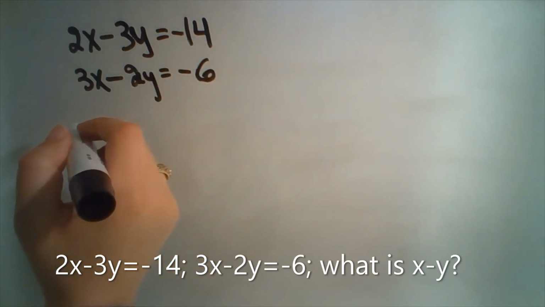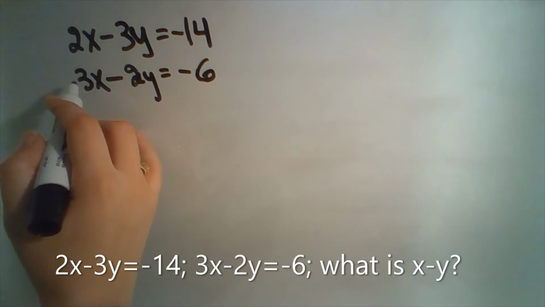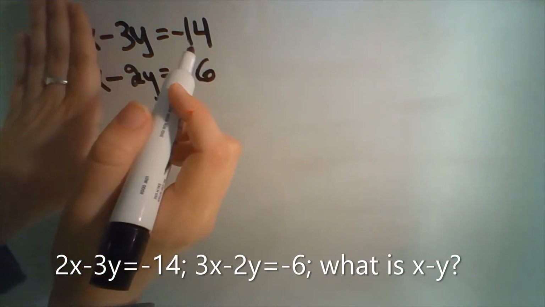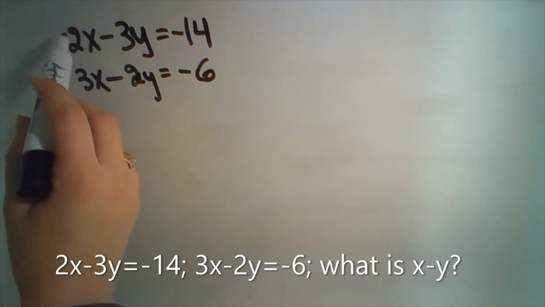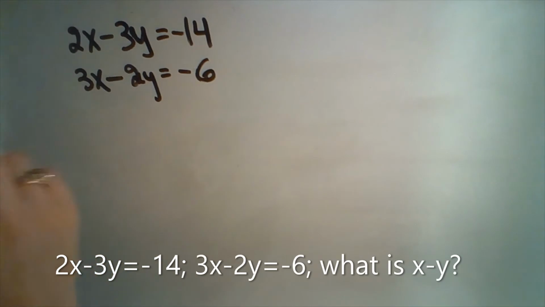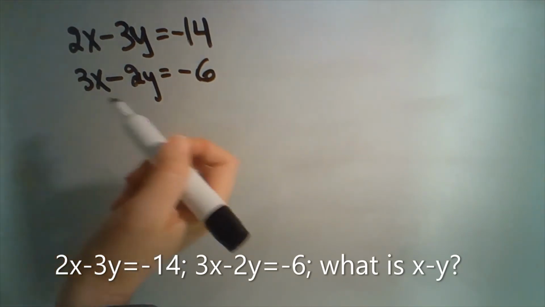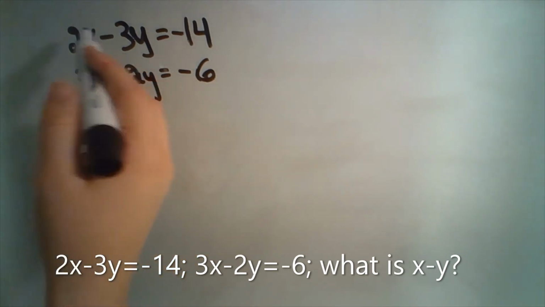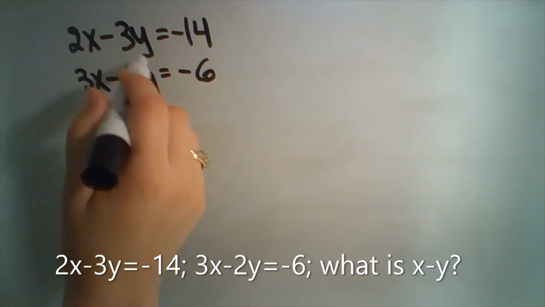Like, if we had a 2 in front of the x, this would be really easy to get rid of the x's. Or if there was a 6 in front of this x, then we could only manipulate this second equation. But as it goes, we're going to have to manipulate both equations. And so that means we need to find the common multiple of either these x terms or these y terms.